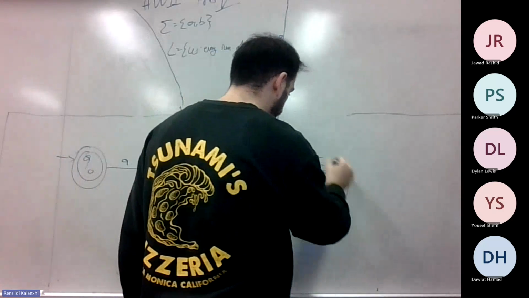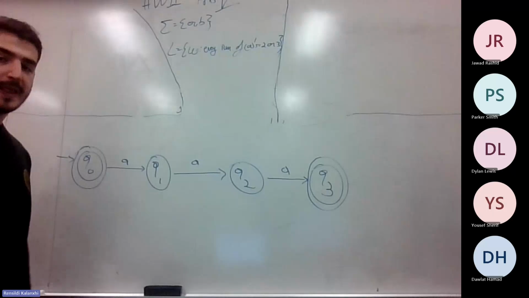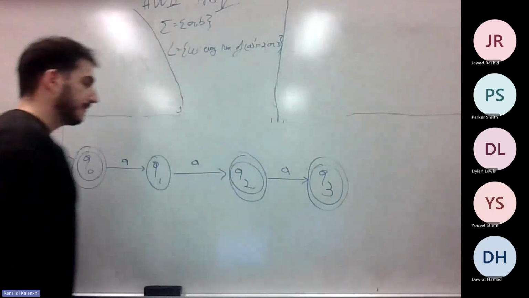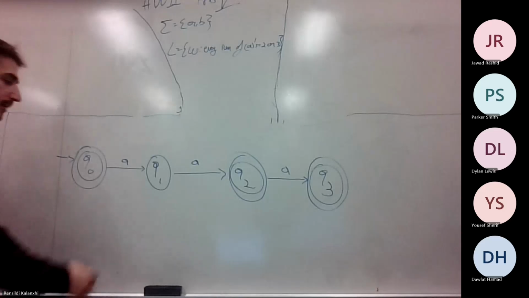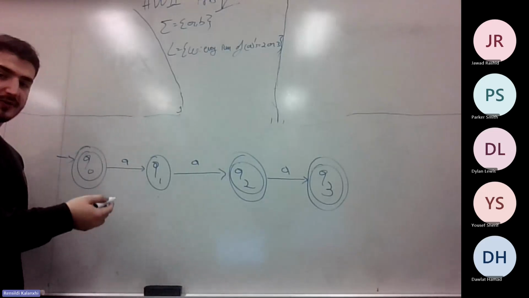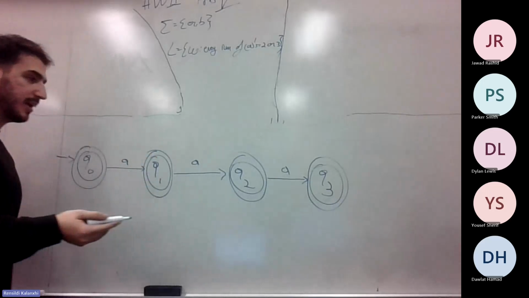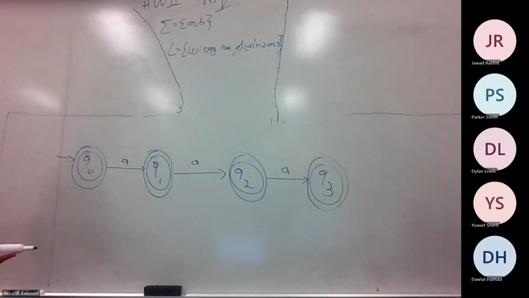So Q3, we know is going to be a final state. Q2, again, we know that it's going to be a final state. Q1, the reason Q1 is a final state as well is because we haven't started to make it a run, so it won't count. Because we can either choose to have the run or not.